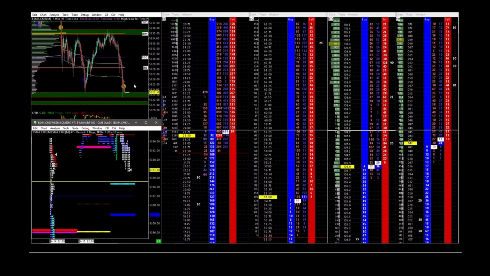You can run out of breath from continually hitting. Because buyers have not even been aggressive yet, they're passively absorbing these orders. They've not even started hitting into the offer yet.